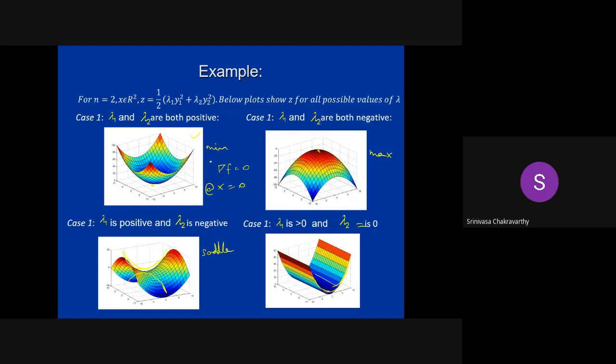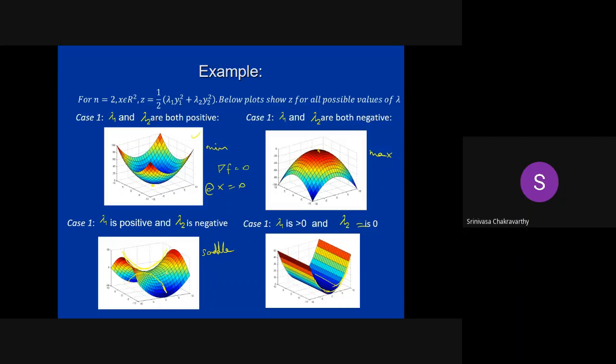Now, if you look at the second derivative or the eigenvalues of the second derivative matrix, that is the Hessian, if both eigenvalues are positive, it is going up and you have a minimum. If both eigenvalues are negative, it is going down and you have a maximum. If some are positive, some are negative, then it is neither maximum nor minimum. So what is interesting is that at a point where gradient is 0, in a multivariate function, you can have neither a maximum nor a minimum.